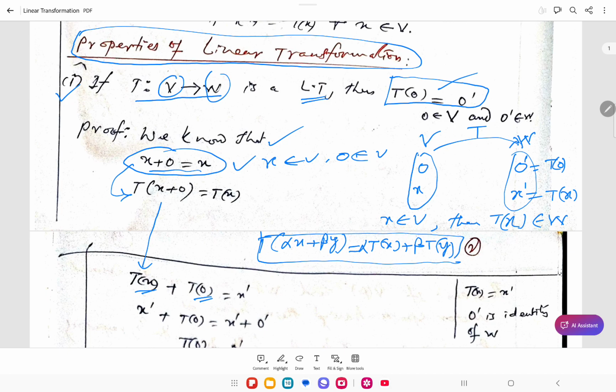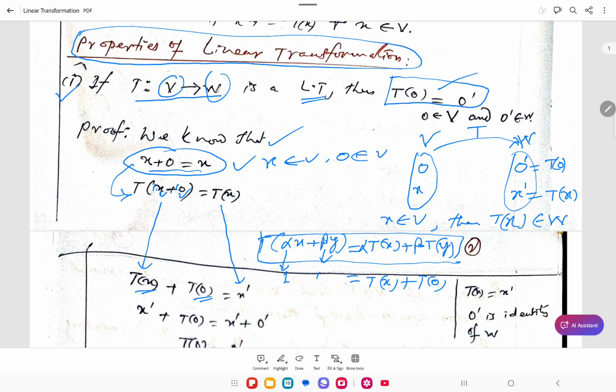So here in this case, T of x plus 0, alpha is 1 and beta is also 1. So instead of writing 1, we can simply write T. So what is here? Tx plus, instead of writing beta as 1, we write simply T of y, and y is 0 here, so T0.